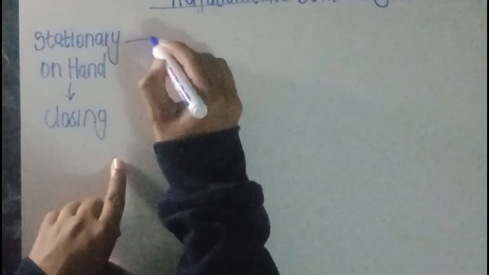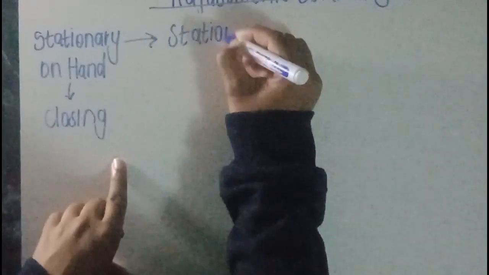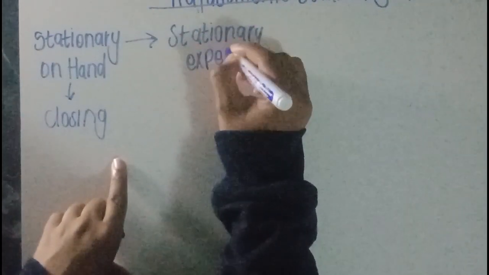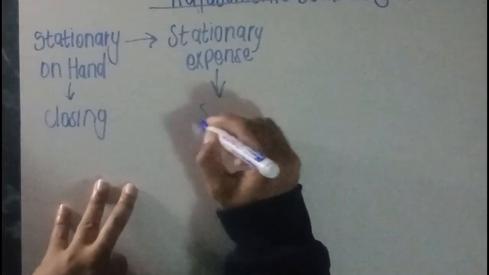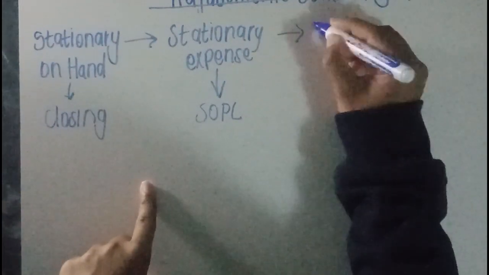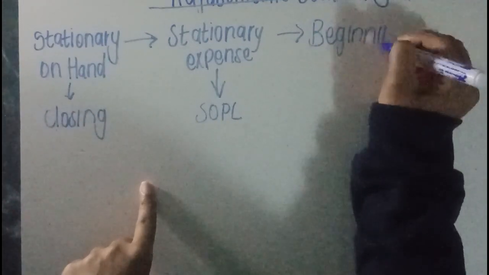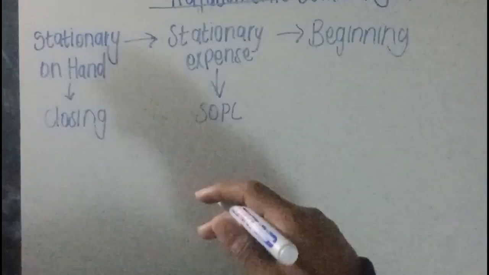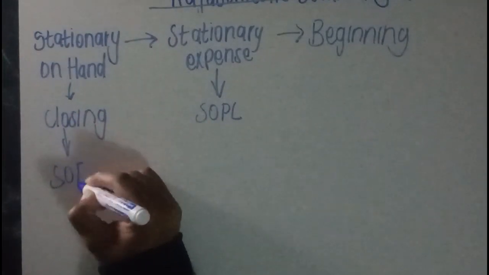And then there is stationery expense, and this is the one that we use during the year. So this would be in our statement of profit and loss, right? And then obviously there will be beginning stationery, which is on hand but for the previous year, right? So this will be in your statement of financial position.